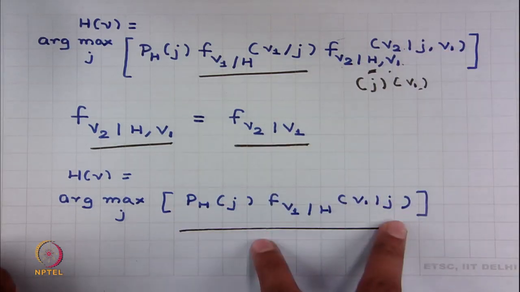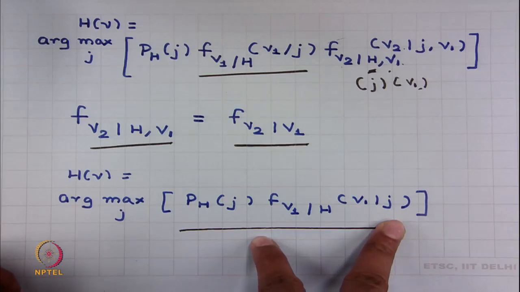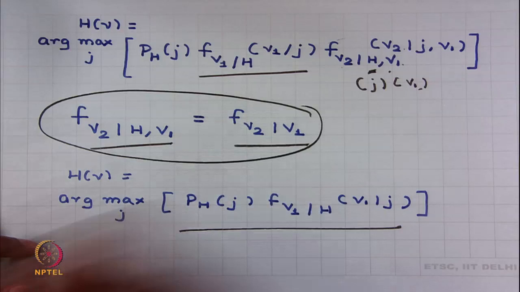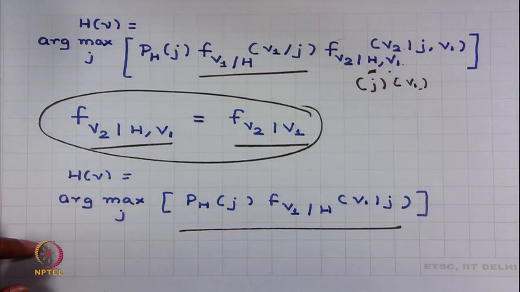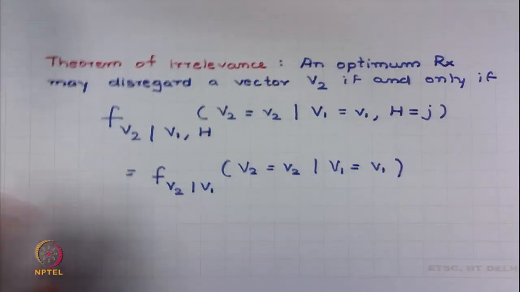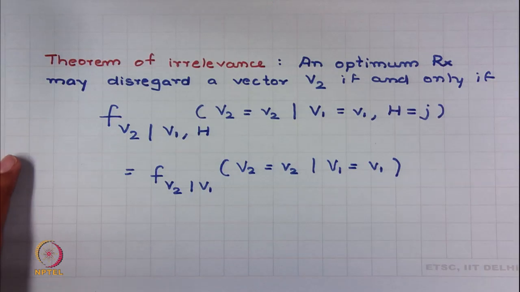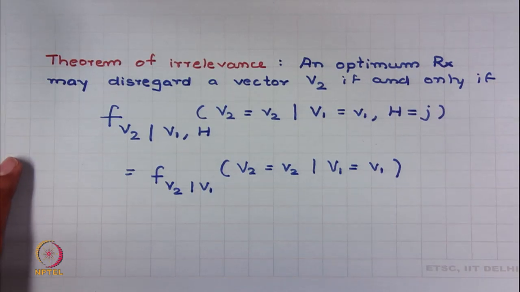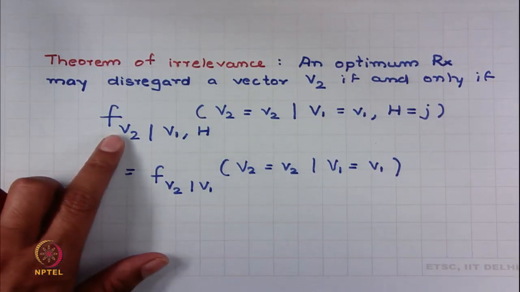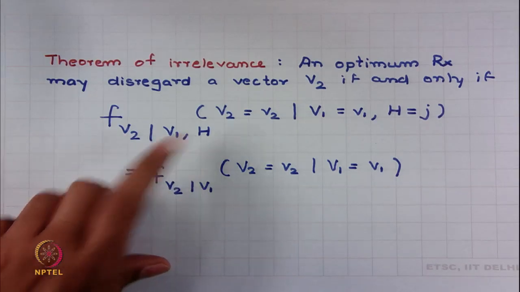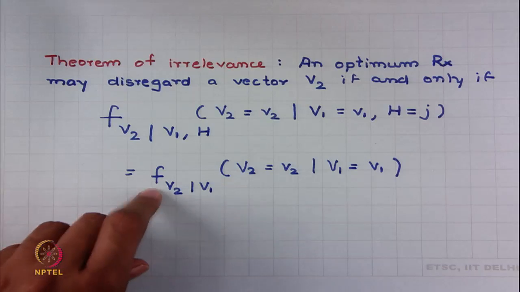Thus, the MAP rule simply reduces to this, and thus if this condition is satisfied, then V2 becomes irrelevant for the detector, and that is what the theorem of irrelevance says. So, an optimum detector or receiver may disregard a vector V2 if and only if the conditional PDF of V2 given V1 and H is the same as the conditional PDF of V2 given V1.